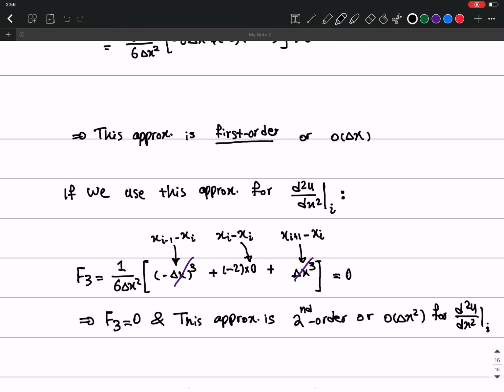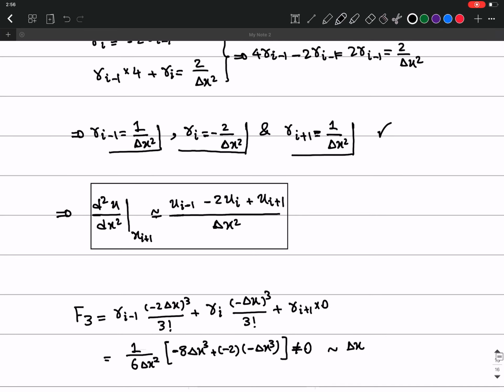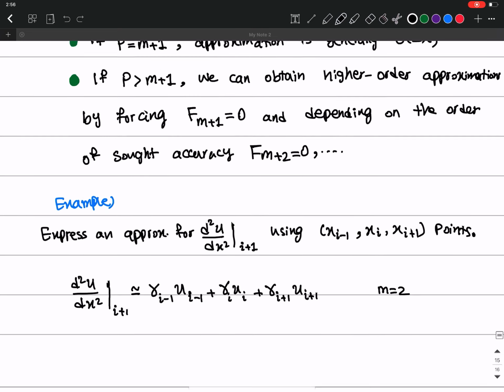Right? So as you see, it is the same approximation, but evaluated for the function at two different points. It can give us two different orders, right? So the order of the accuracy might be different. And in center differences, this is usually the case.